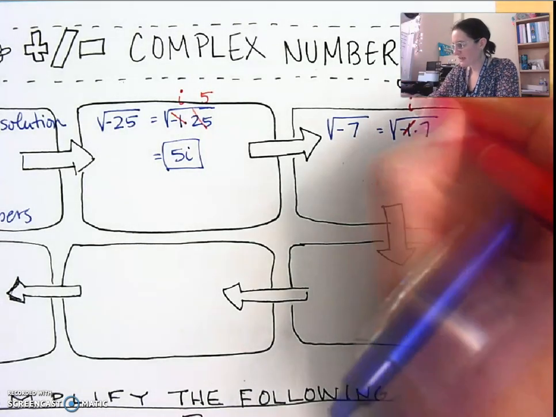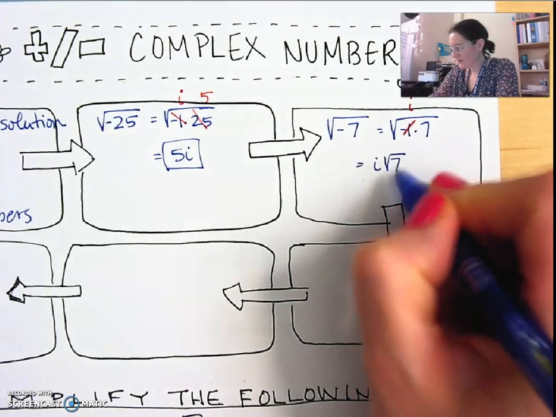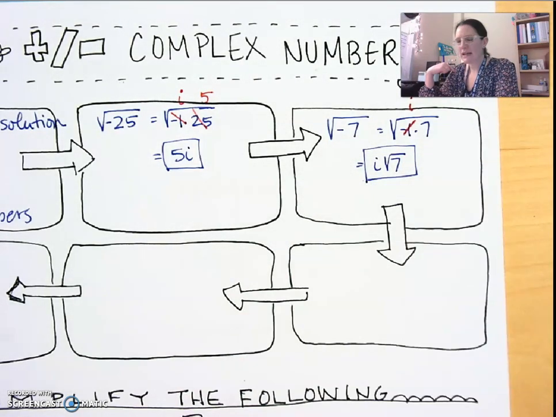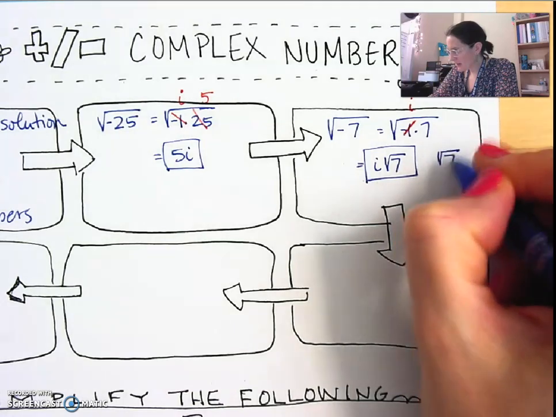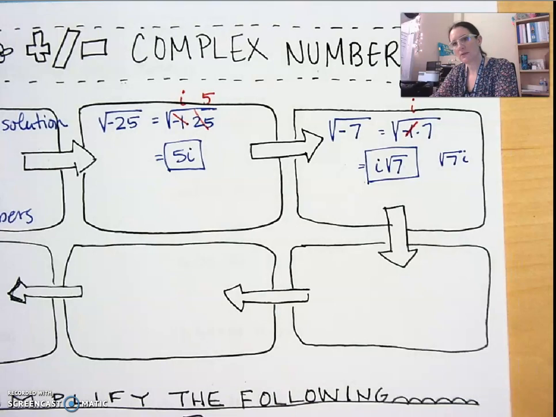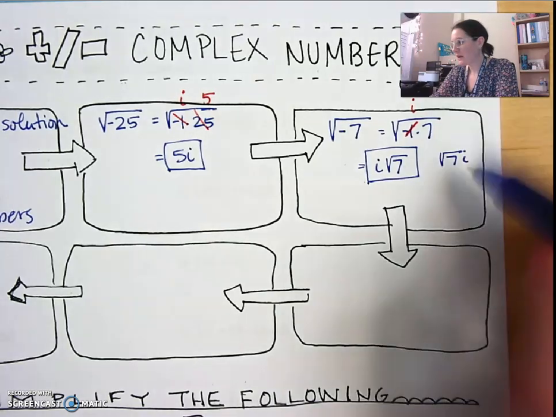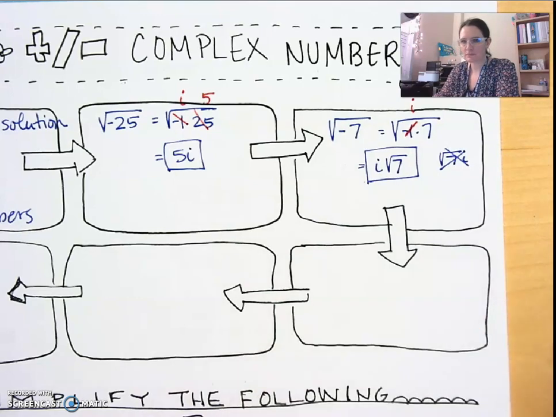It simplifies to i. And so I'm going to write that as i radical 7. Now I like to write the i in front because it makes it clear that it's outside the radical. Sometimes if you're writing the i on the right-hand side, it can be hard to tell, was it supposed to be in the radical or outside the radical? But that's not wrong. This is just how I'm going to be doing it.